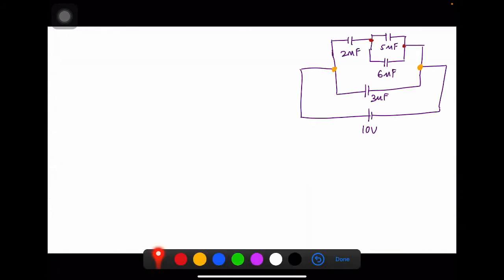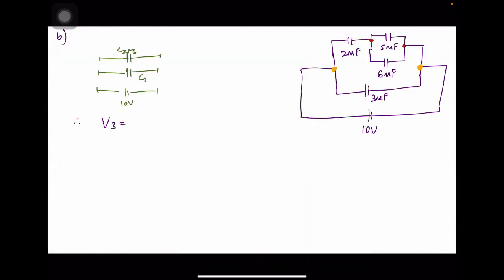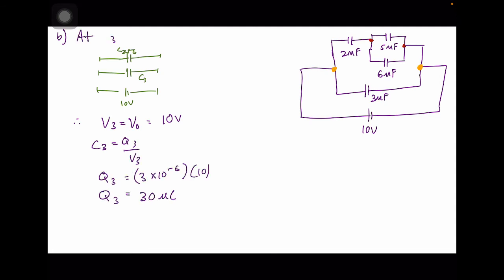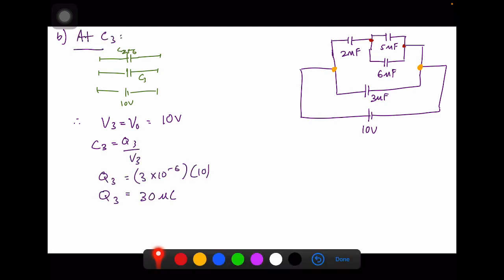Okay, I just paste it over there. Okay, in this case, my bad. In this case, you don't have to find the Q0 first, you can find it straight away, because if you draw it like this, you can see it clearly. The potential difference across here is 10.